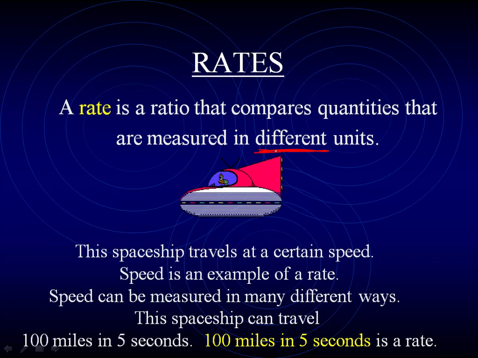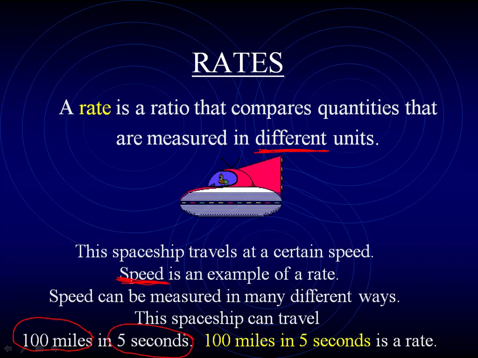Okay, let's see this spaceship which travels with a speed. A speed is a good example of a rate, so we will take a speed as our example of a rate, because in a speed we have two different quantities. We have 100 miles in 5 seconds.